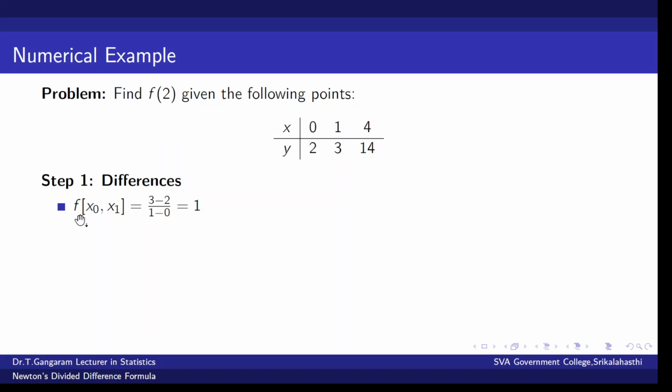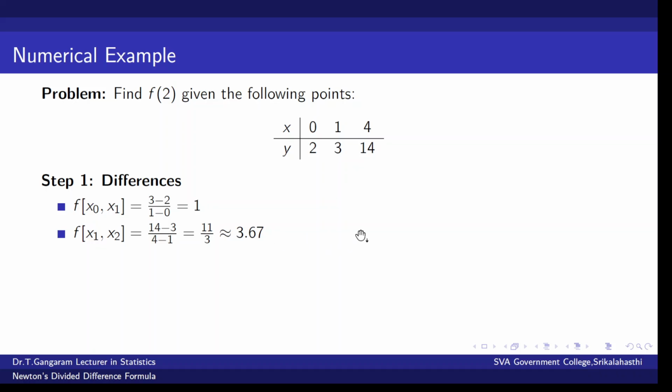First order differences: f of x0 comma x1 is equal to y1 minus y0 divided by x1 minus x0, which is 3 minus 2 divided by 1, equal to 1. Similarly, f of x1 comma x2 is equal to 14 minus 3 divided by 4 minus 1.